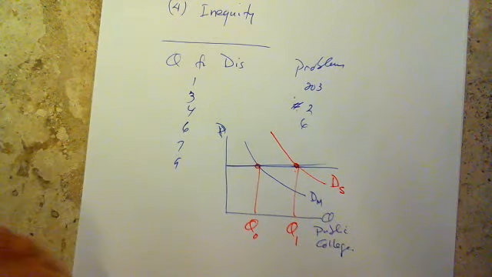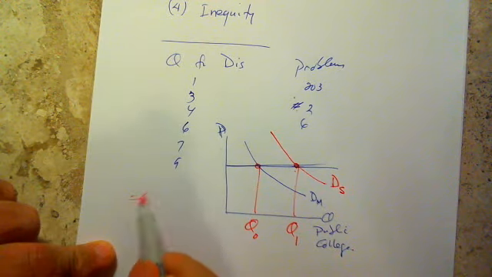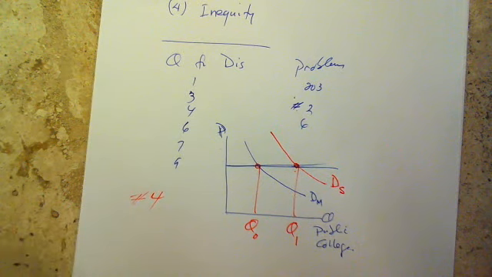Number four: identify specific government activities that are justified by each source of market failure.